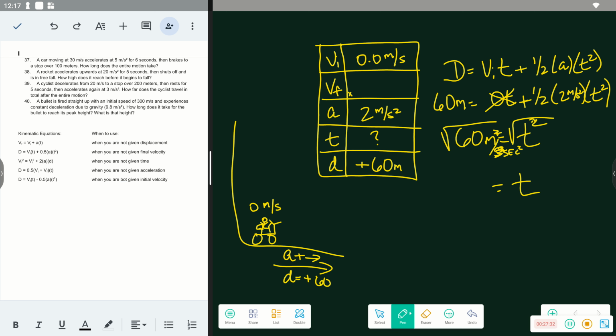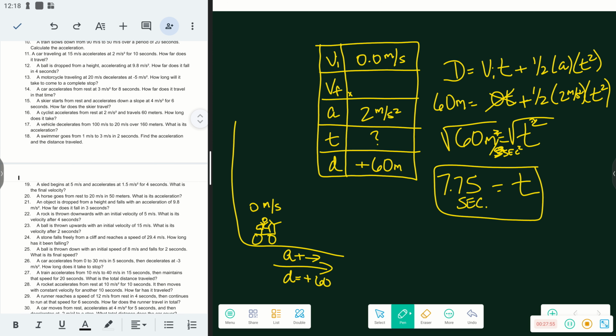Square root of 60 equals 7.75 seconds. That's how long it would take for it to travel 60 meters in a positive direction starting from rest.